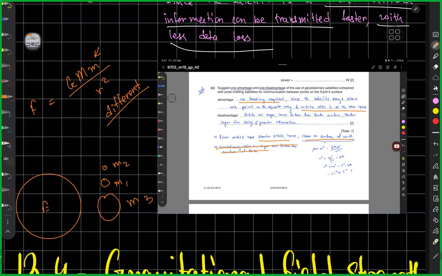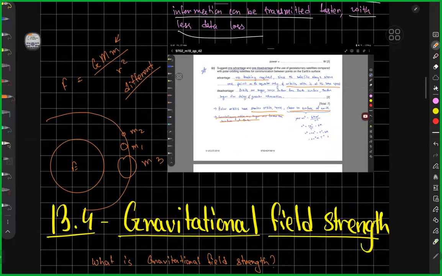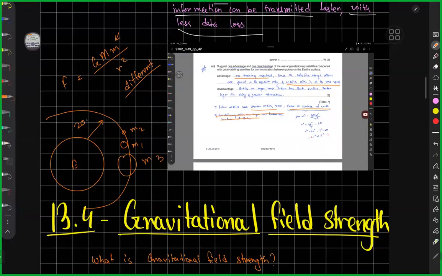But I just want to know that at this position, which is 200 meters away from Earth, at this position where all the small masses are, what is the field strength?